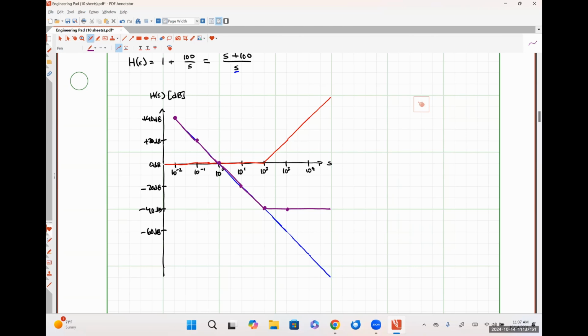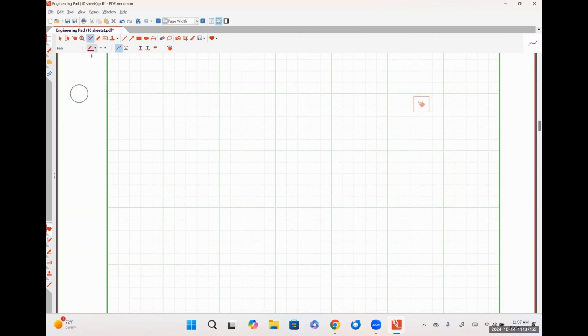So let's say that I had H of S equal to 10 times 1 plus S times 1 plus S over 100, divided by 1 plus S over 0.1 times 1 plus S over 1,000. So this is multiple simple poles, multiple simple zeros, but we can employ the exact same approach.